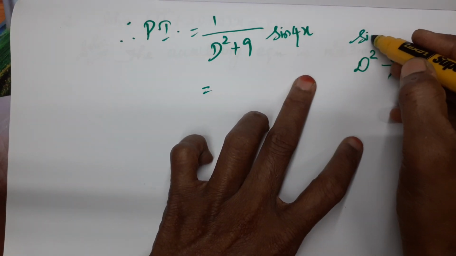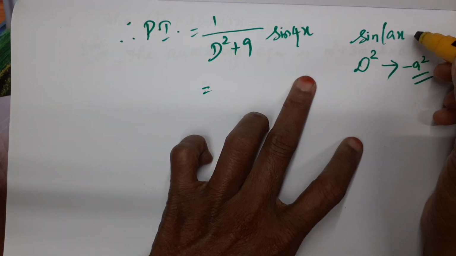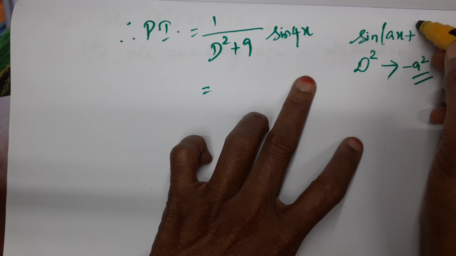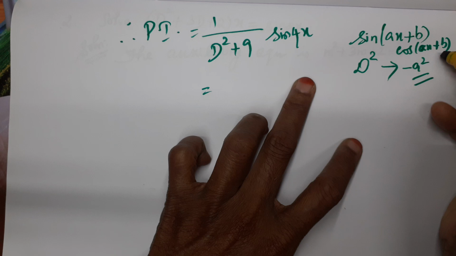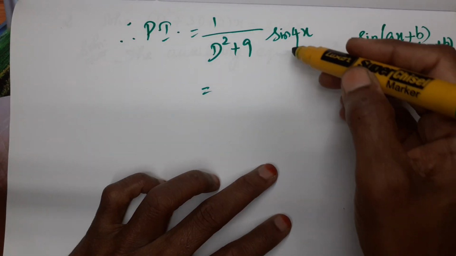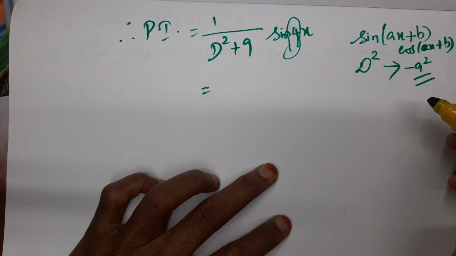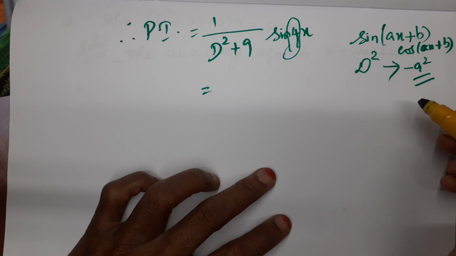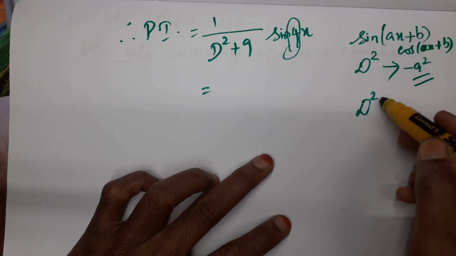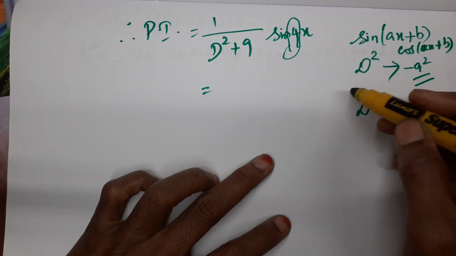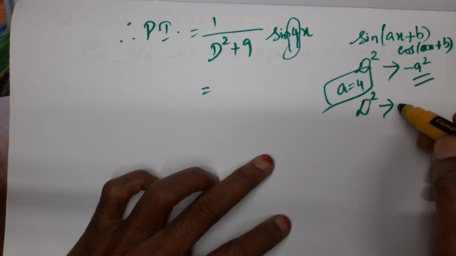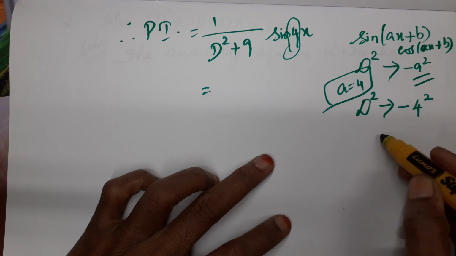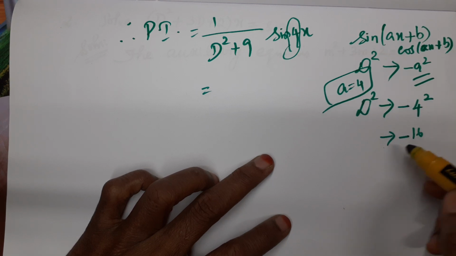When we have the right side value of the form sin ax plus b or cos ax plus b, a is nothing but the coefficient of x in the trigonometric function given. We have to replace d squared by minus a squared. So d squared can be replaced by, here a is equal to 4, minus 4 squared, which implies it is minus 16.